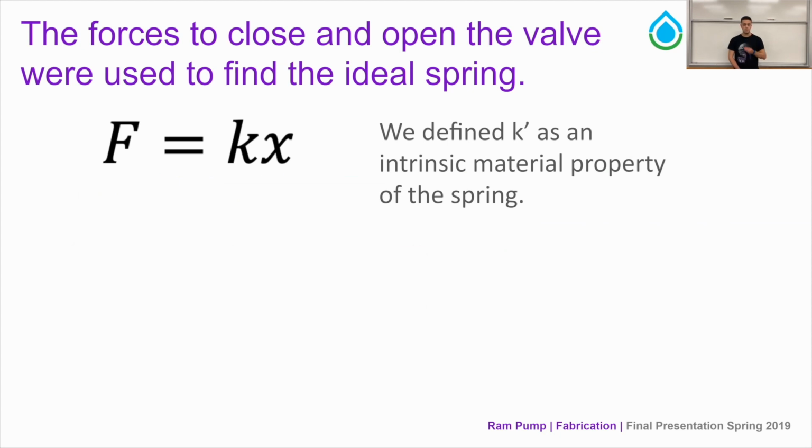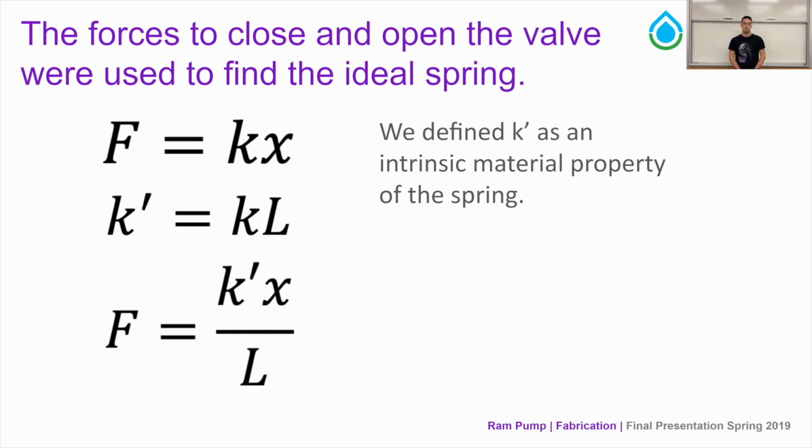So, in order to obtain the K value, we need to work with Hooke's law, but this Hooke's law depends on the compression length. So we want this law to be in terms of the spring length. That's why we developed this material property that is K prime.